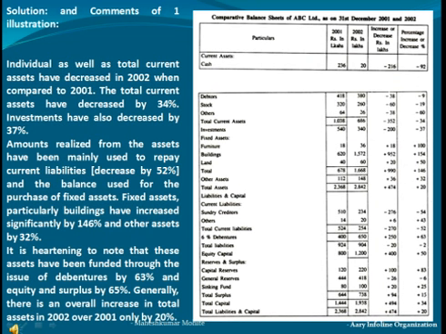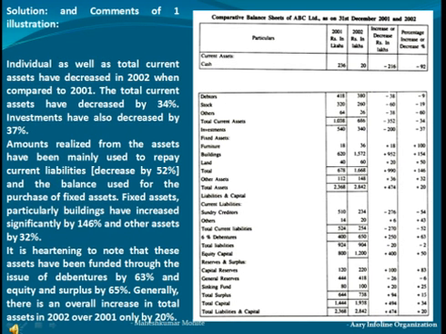Individual as well as total current assets have decreased in 2002 when compared to 2001. The total current assets have decreased by 34%. Investments have also decreased by 37%. Amounts realized from the assets have been mainly used to repay current liabilities, decrease by 52%, and the balance used for the purchase of fixed assets.